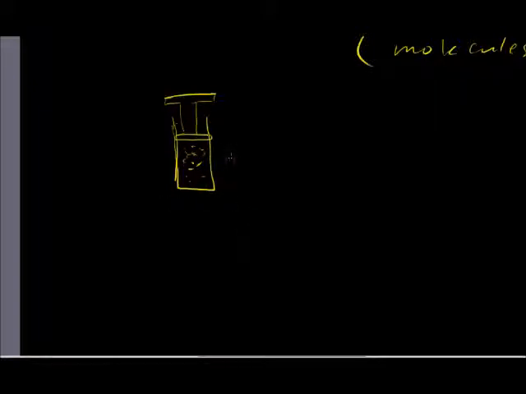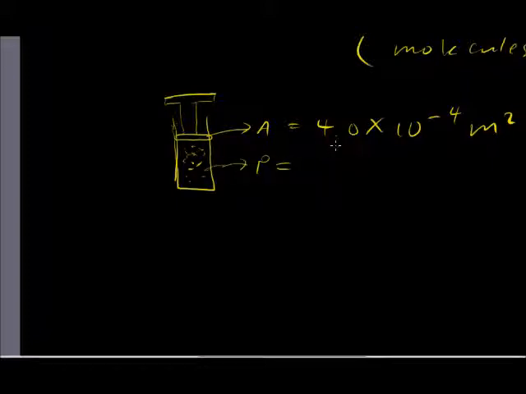So it's given that the cross-sectional area of the piston is equal to 4.0 times 10 to the power minus 4 meter squared, and the pressure of the gas is given as 1.5 times 10 to the power 5 Pascal.